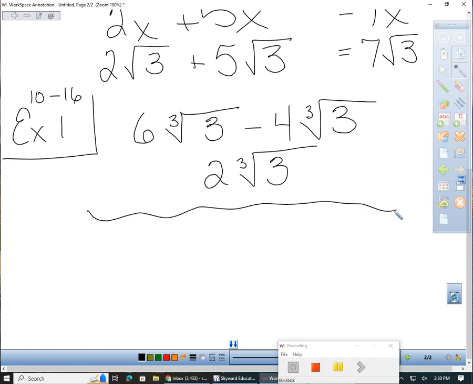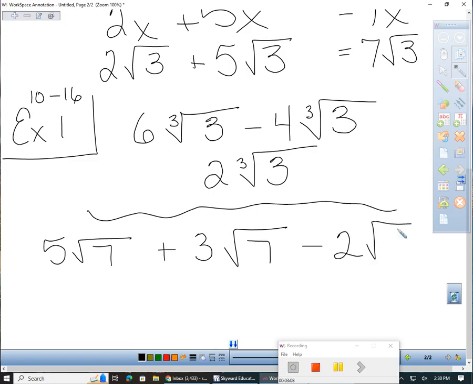At the same time, let's say if I had... Nope, those just stay like terms. Just like if it was an x, it wouldn't change. So let's say I have 5 square root of 7 plus 3 square root of 7 minus 2 square roots of 7. 5 plus 3 is 8 square roots of 7 minus 2.